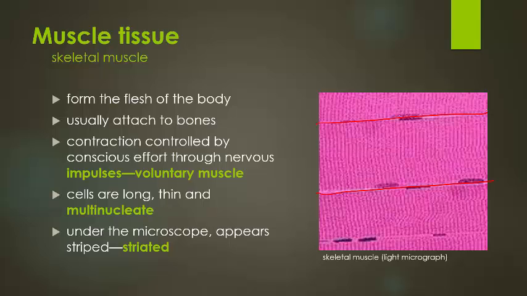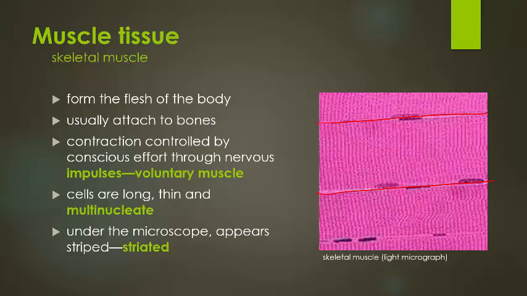An individual cell within, say, the biceps brachii, the large muscle that brings the forearm closer to the upper arm, every muscle fiber, every muscle cell found in the biceps brachii runs the entire length of the biceps brachii. So they're very long cells. And they form the flesh of the body, the muscles do. And usually skeletal muscle attaches to bones.